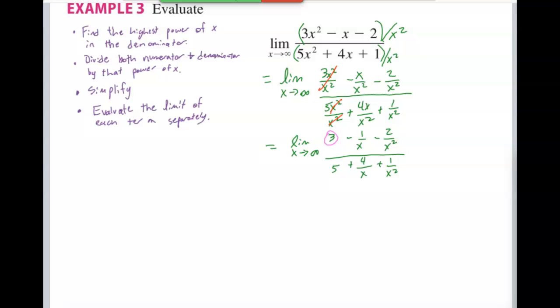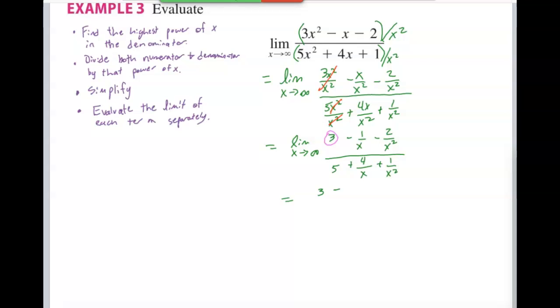The limit of a constant is a constant. So what's that limit going to be in the chat? Yeah, just 3. The limit of the constant is that constant. So that remains 3.